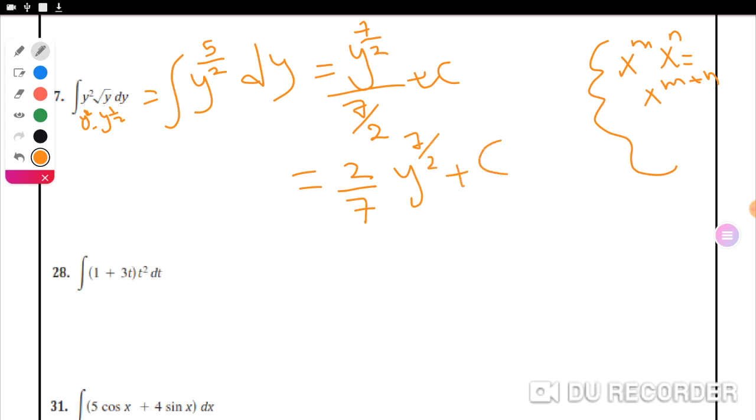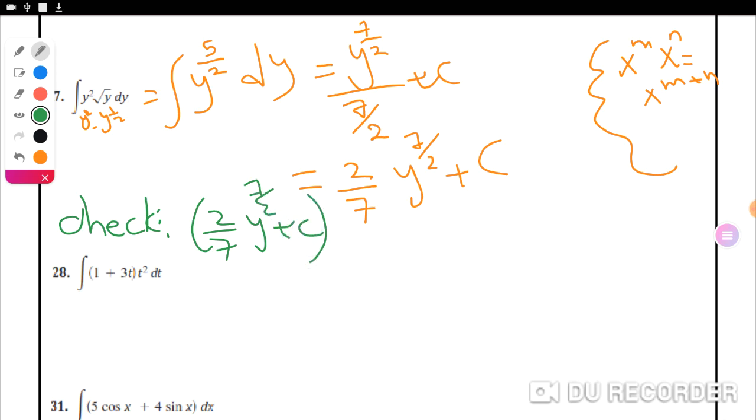I hope you understand. If you'd like to check, find the derivative of this one, 2 over 7 y to power 7 over 2 plus c. Differentiate: multiply by the exponent, multiply any number by its reciprocal gives 1, and decrease the exponent by 1, so y to power 5 over 2. Use your calculator to subtract 1.